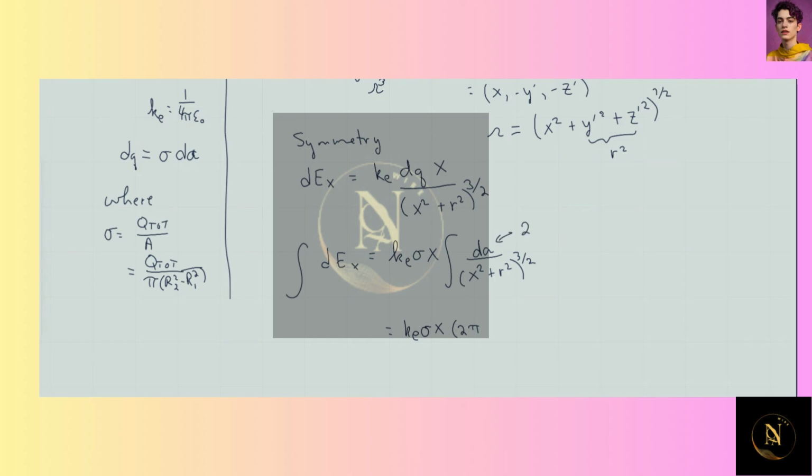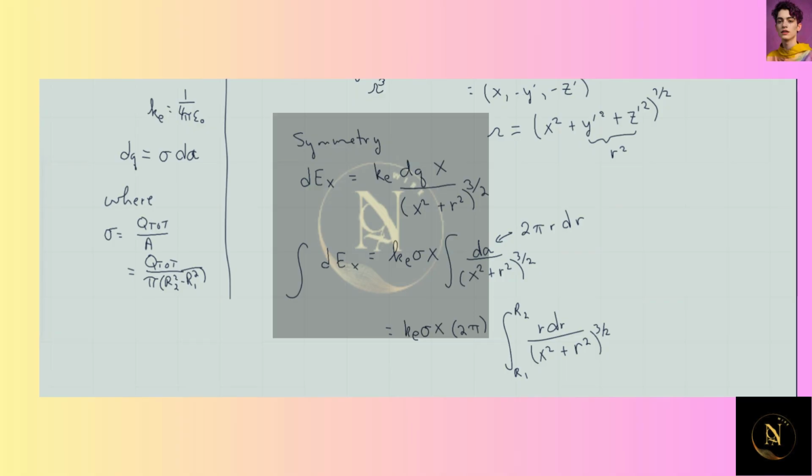So dA is 2 pi, coordinate r, dr. At this point, I don't know if you want to see how to integrate that, but it does look like something that you can do a simple substitution. And I'll just make a note of what that is and show you what I come up with.